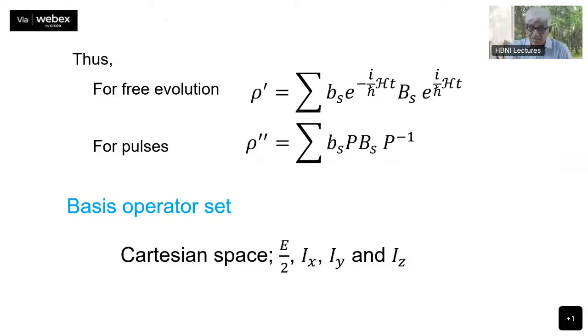The summation is this, the rho dash is the evolution under the Hamiltonian, and this is the evolution under the pulse. Instead of the rho, I have here the Bs. This is represented by rho dash for the basis operator under the Hamiltonian. Rho double dash is the evolution under the pulse for the basis operator.